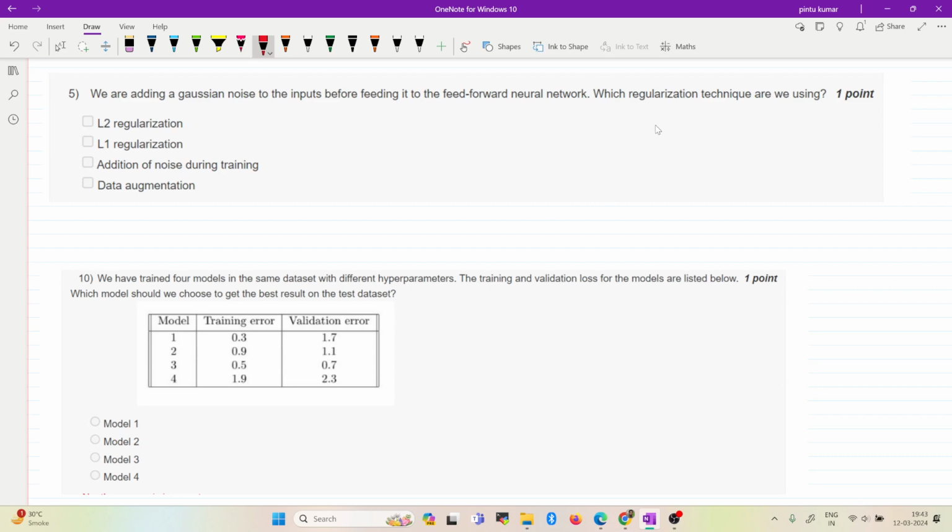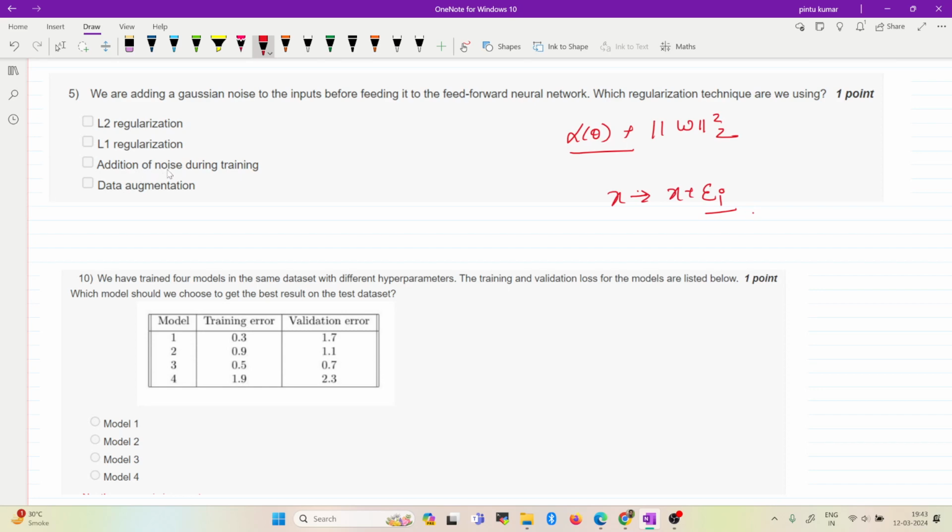In L2 we would have added a term: if my weights are W, then I would have added W squared to the loss. That is L2 regularization. Here I'm adding noise to my input. Data augmentation.